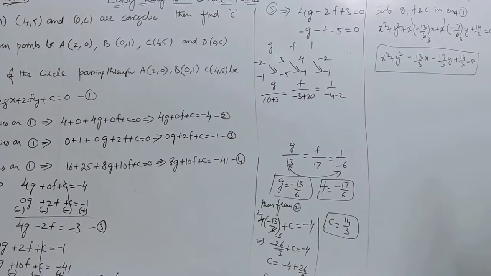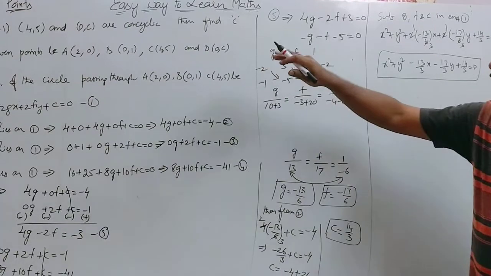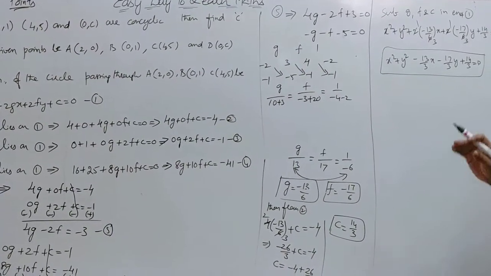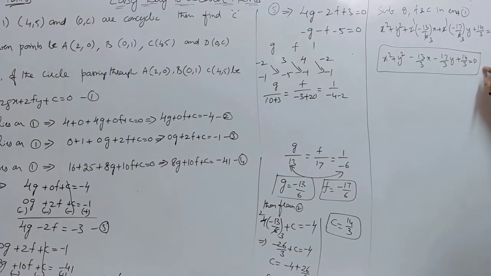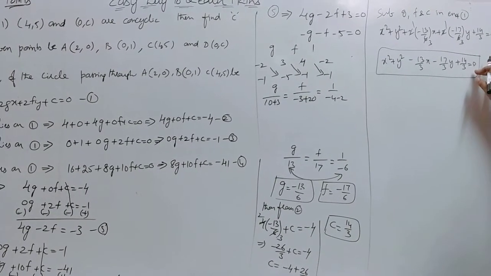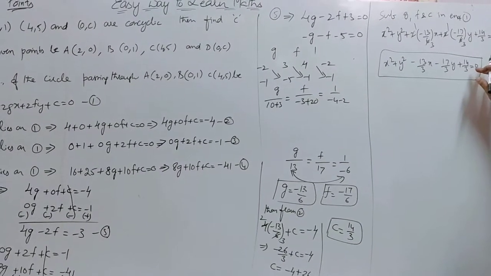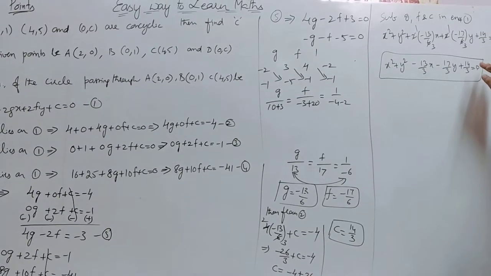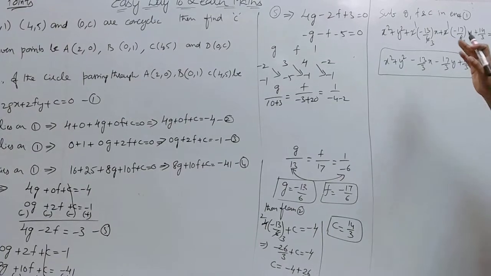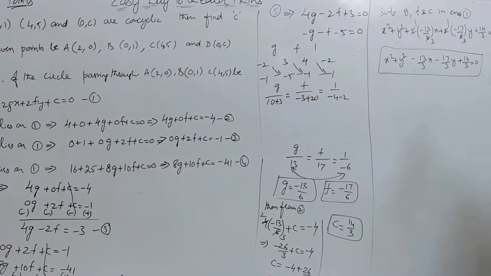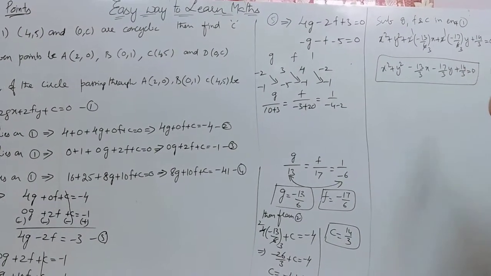And here in the problem it is given that all the 4 points are concyclic. That means the 4th point is also on this equation of circle, that is it has to satisfy this equation. Now let us check whether it satisfies or not. If it satisfies, then the 4 points are concyclic. It is already given, so it must satisfy the equation of the circle.